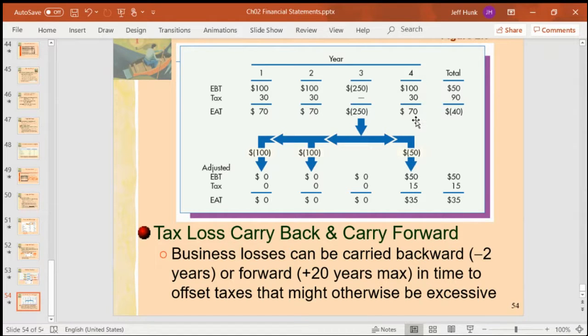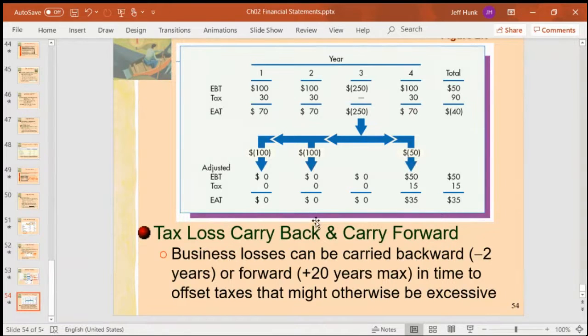Year four, you had a good year. Is it possible to pay $90 million in taxes when your EBT is 50? But if that is the case anyway, EAT is negative 40.